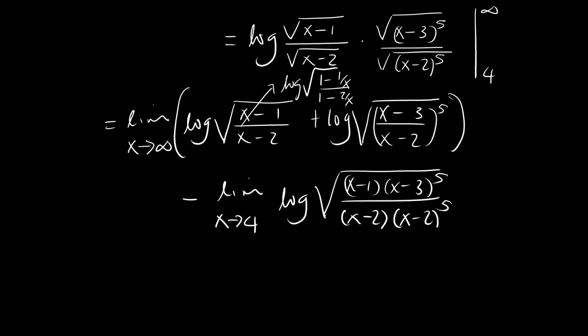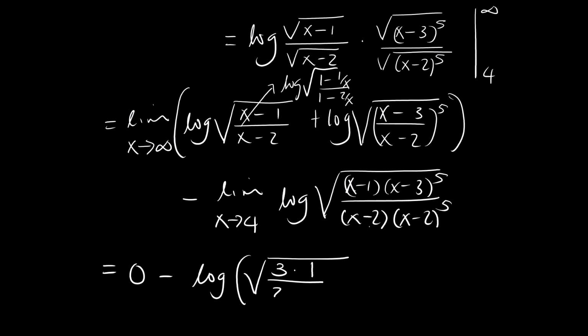This also tends to 1, so we have a 0 minus, and here we have the natural logarithm of the square root of 3 over 1, 2, 2 to the power 5, which is the reciprocal, so whatever we have in the denominator is 8 over root 3.